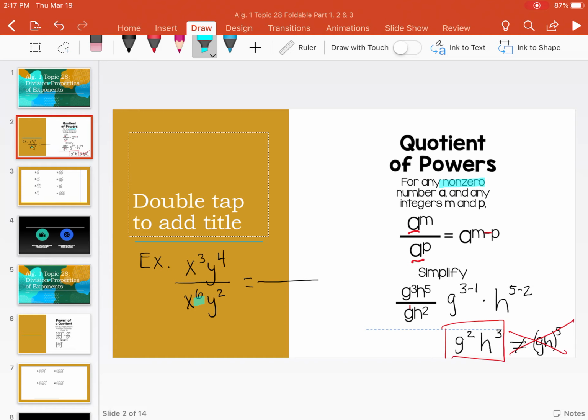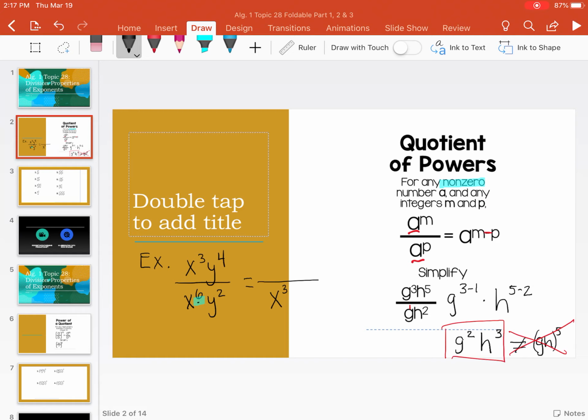We're going to get into negative exponents coming up, but I just wanted to explain that in advance as a little tidbit. So when we have 3 minus 6, that gives us negative 3. But if we want to have that positive, we're just going to keep that 3 in the denominator there, since 6 is our bigger number.